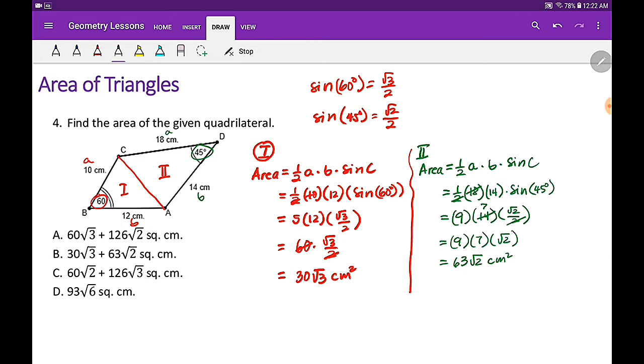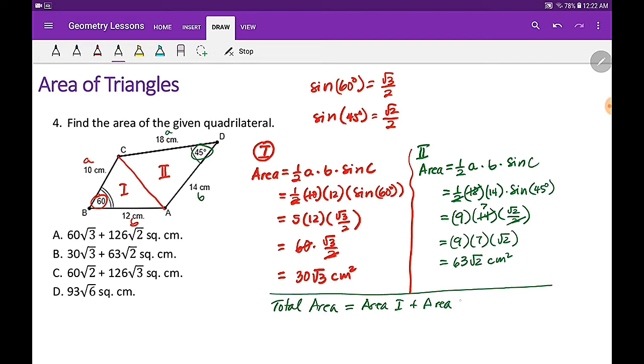So now the total area is equal to area 1 plus area 2.